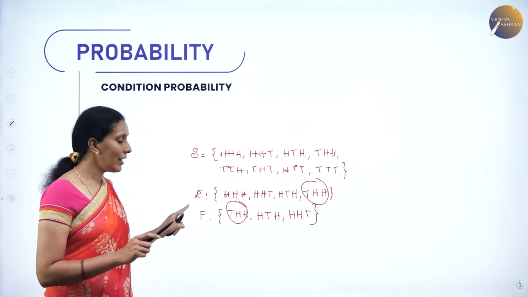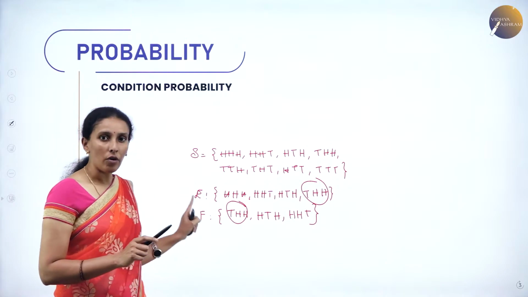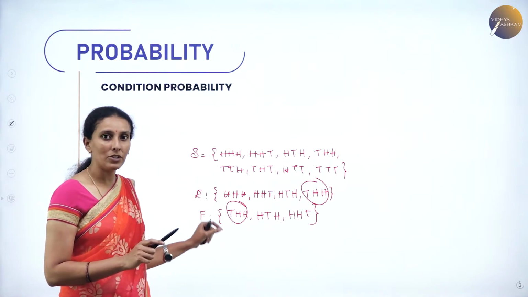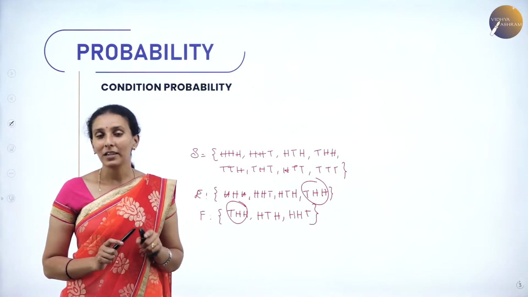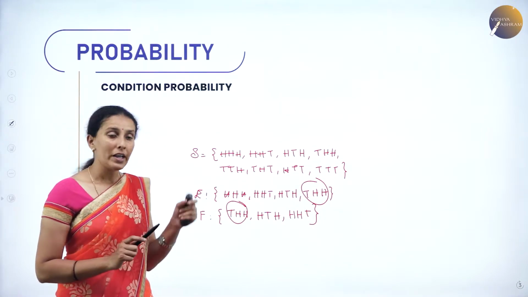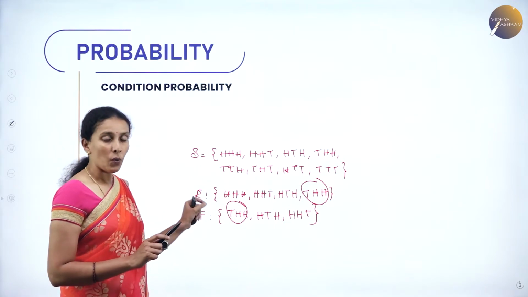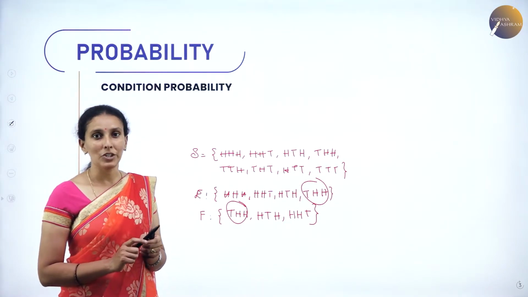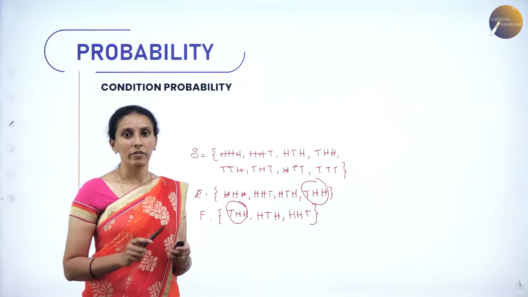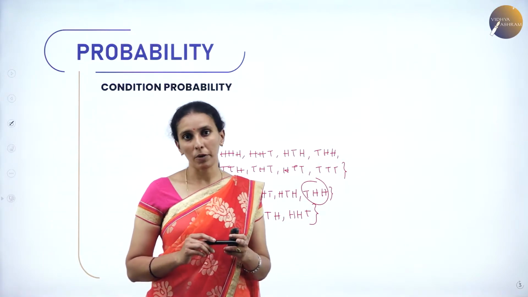So calculating the probability of an event F when E has already happened is nothing but conditional probability. Or calculating event E when F has already happened is called the conditional probability of E over F. That is why we use conditional probability.